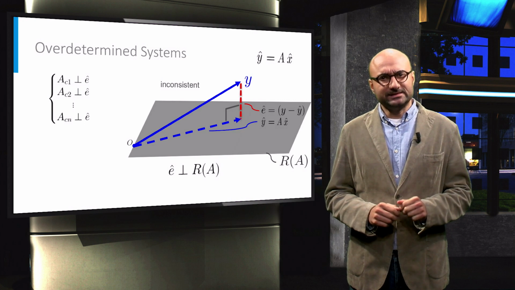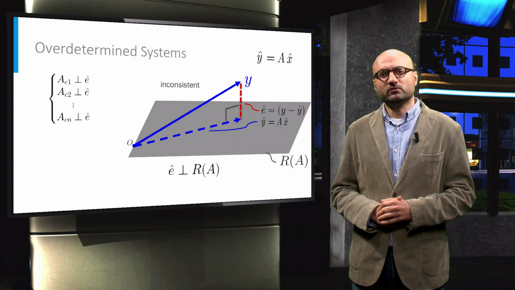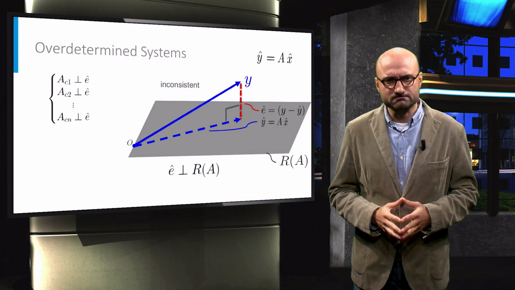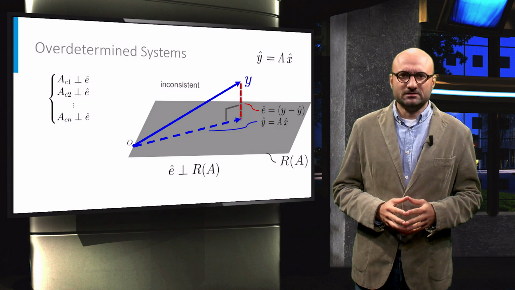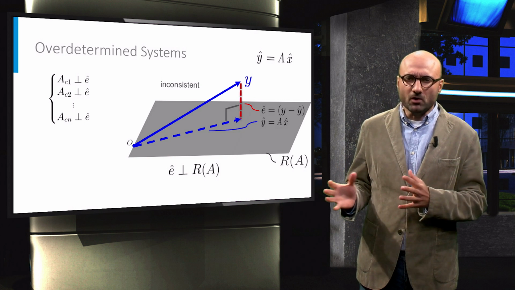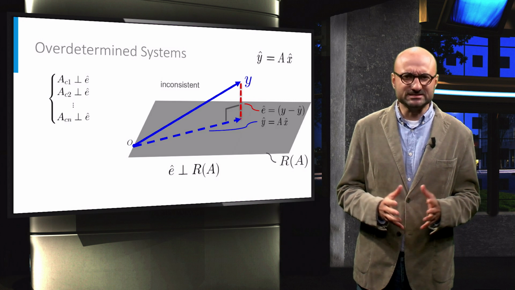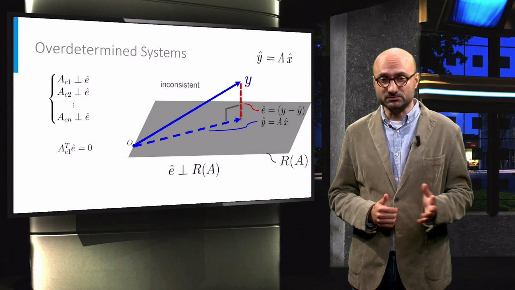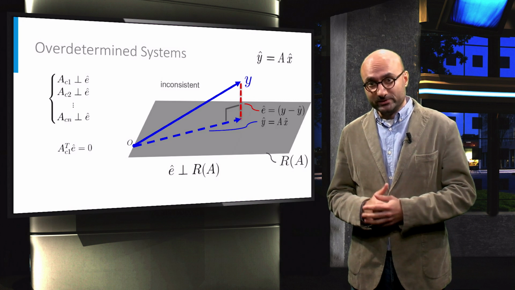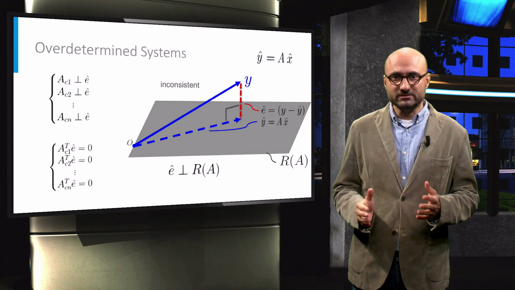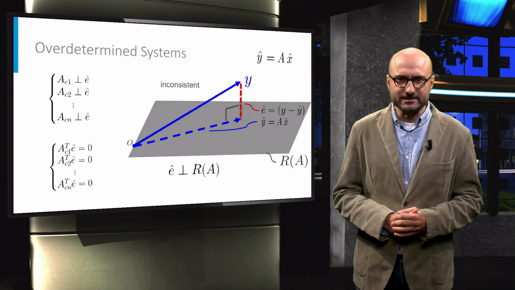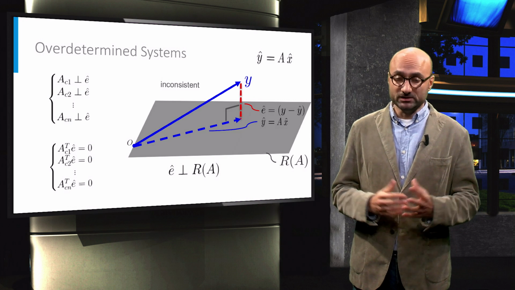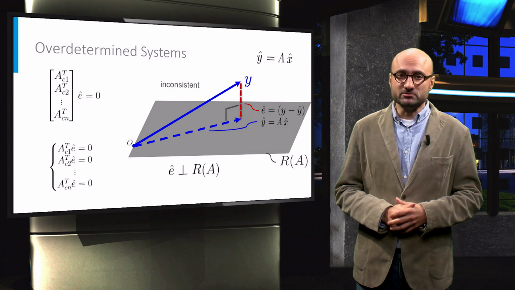We know that the condition for orthogonality between two vectors is that their inner product must be equal to 0. So, we can then write this condition for all the columns of matrix A. For example, for the first column, it means that a1 transpose multiplied by e hat is 0, and the same for the rest of the column vectors of A. If we group all the transpose columns in one matrix, the conditions can be written in this form.